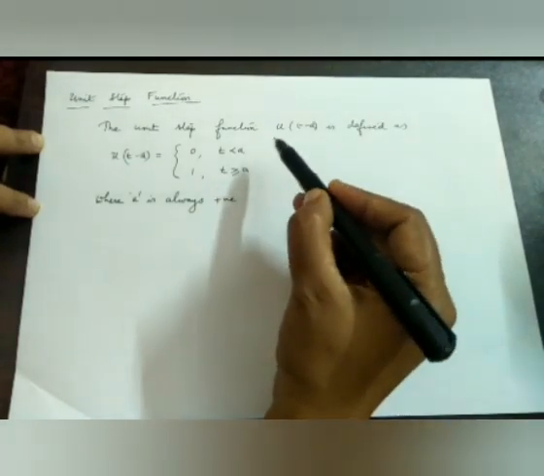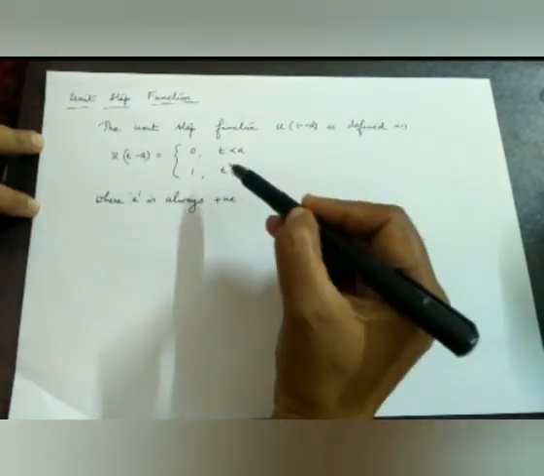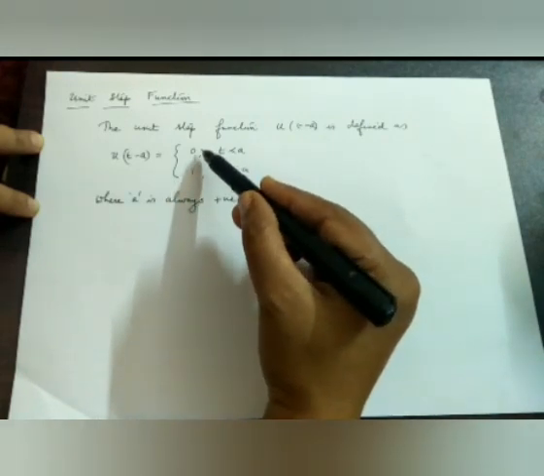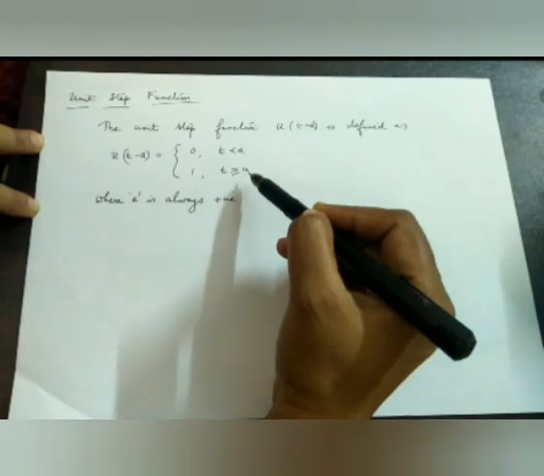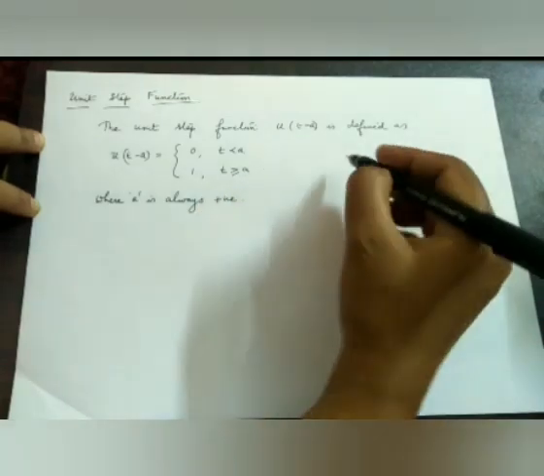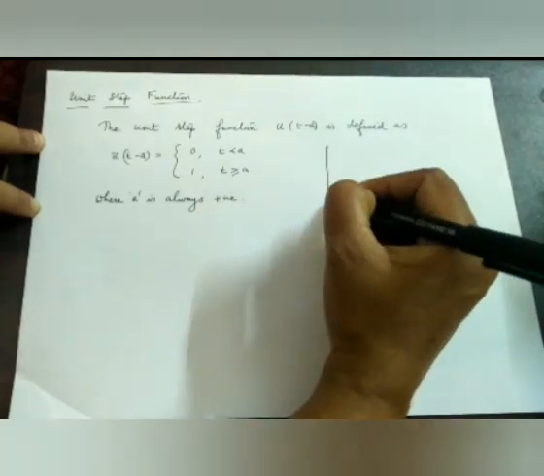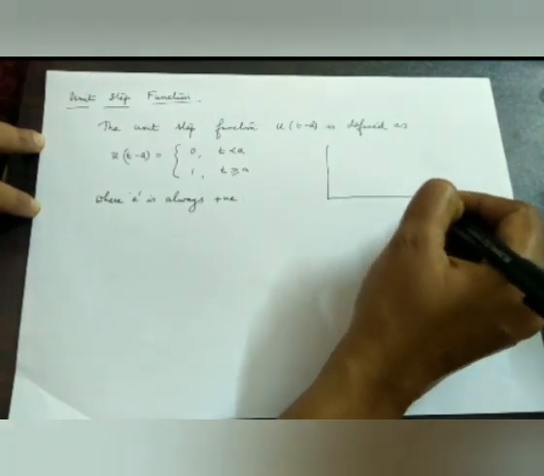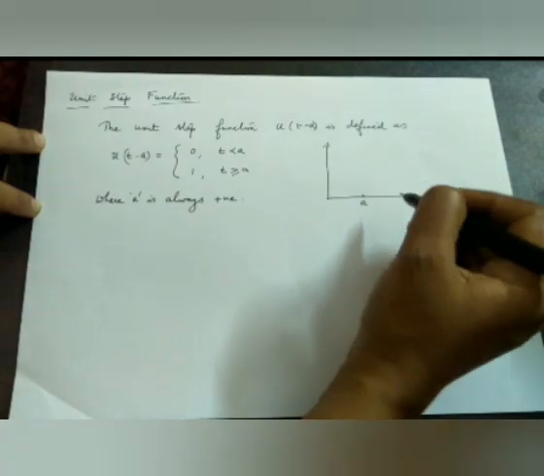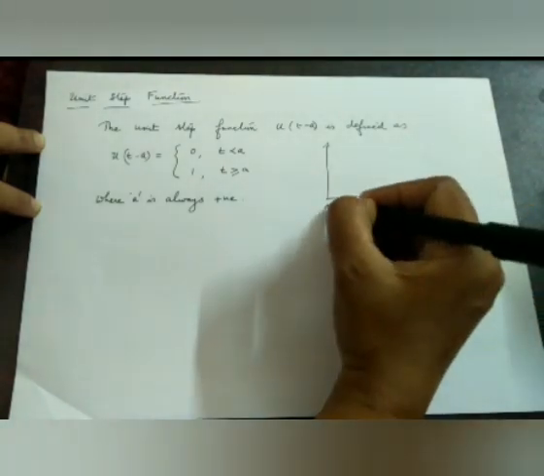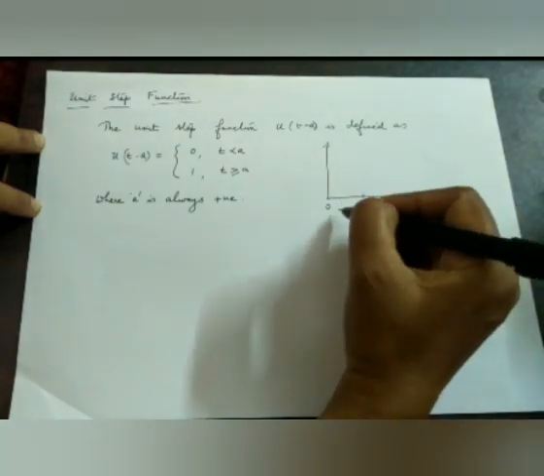The unit step function u of t minus a is defined as 0 when t is less than a and 1 when t is greater than or equal to a. Now we can show this graphically. Here a is a point.